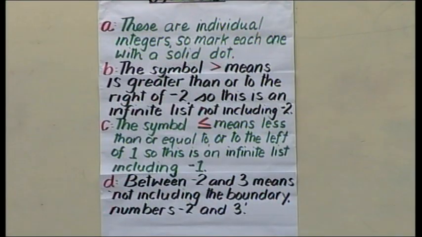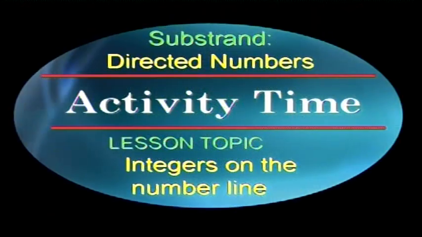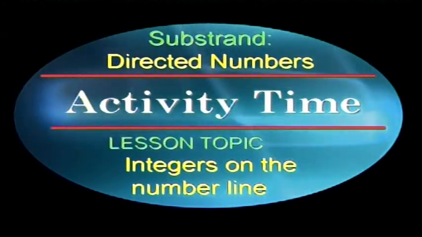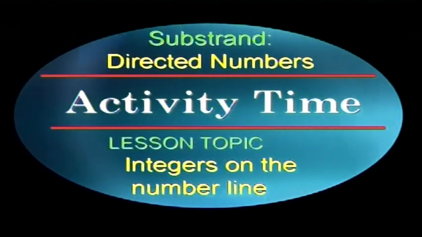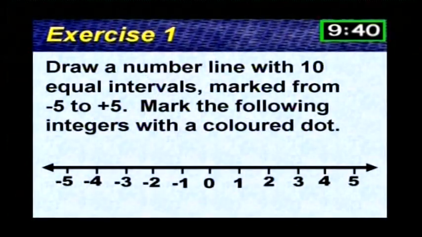We will now go on to our learning activities. Your learning activities, you have to use the number line that I have prepared there on your desk. Exercise 1. Draw a number line with 10 equal intervals marked from -5 to +5.